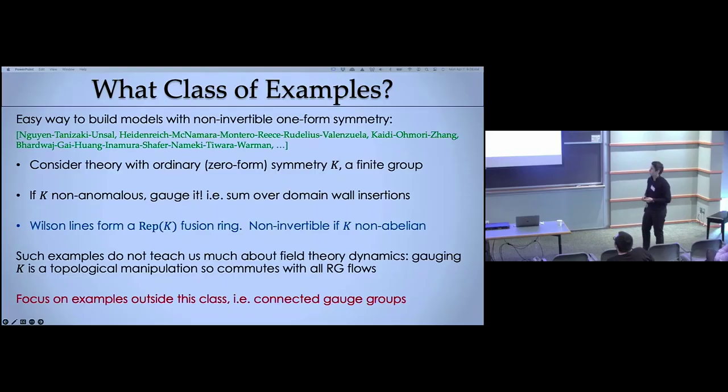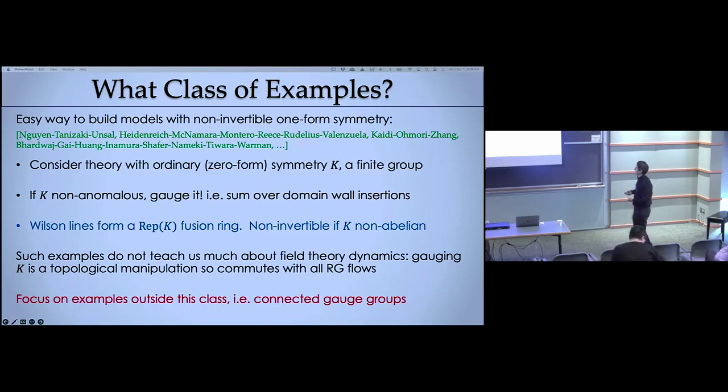Let me be a little bit more specific about the class of examples that I am interested in. So here's an easy way to build models with non-invertible one-form symmetry, which you might think diminishes the question that I am asking. So let's consider a theory with an ordinary zero-form symmetry group K, which is a finite group. And let's assume that K is non-anomalous and gauge it.